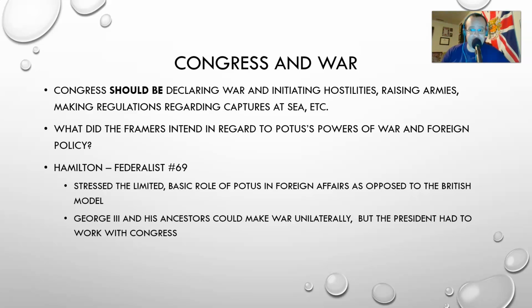So they wanted someone that could easily be kept in check. George III and his ancestors really could make war unilaterally, meaning by themselves, meaning they could wake up one day and say, we are at war with France, and people would mobilize and start going. The president, though, has to, or had to, work with Congress to achieve that same end.